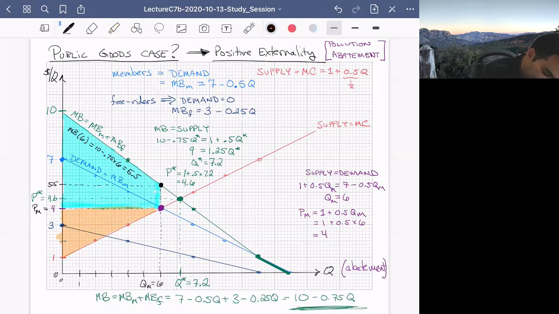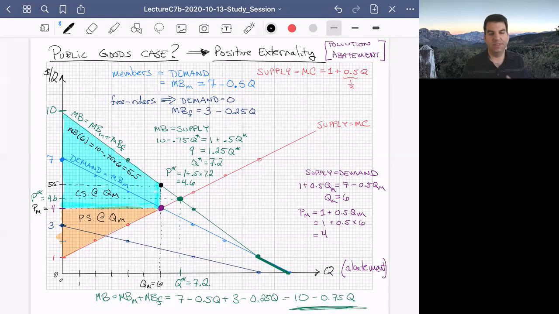And so that is the producer surplus at the market equilibrium, and this here is the consumer surplus. Because we're short on time, I'm not going to go through the calculations for those. Again, it's just the trapezoid calculation and the triangle calculation.